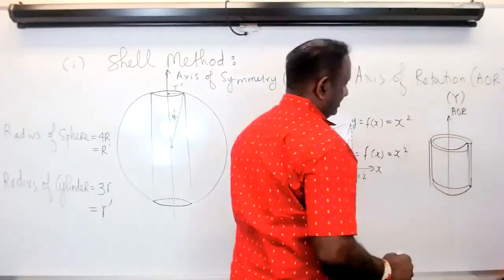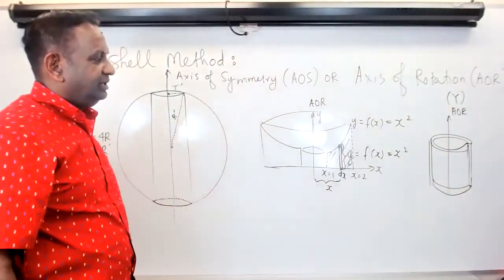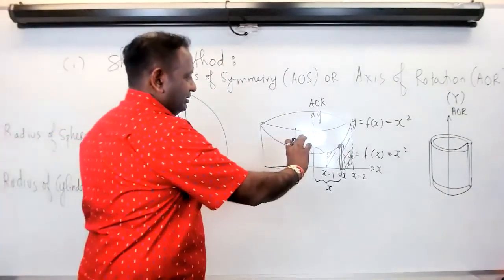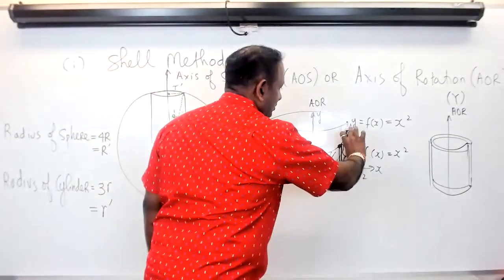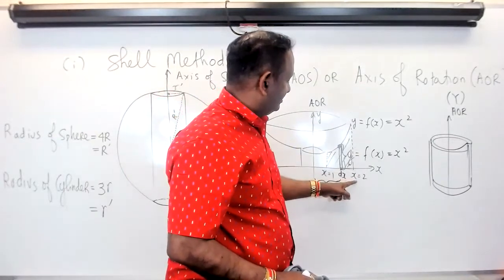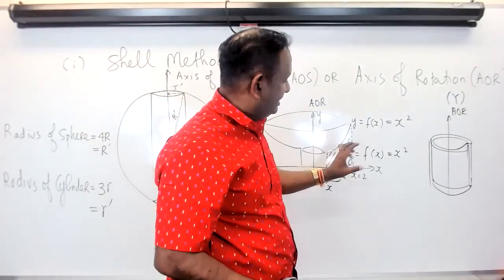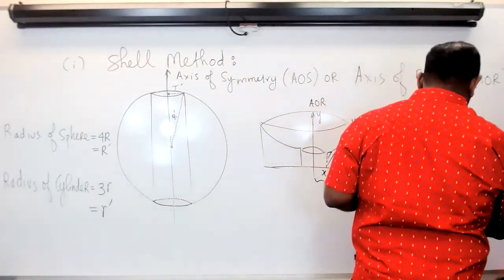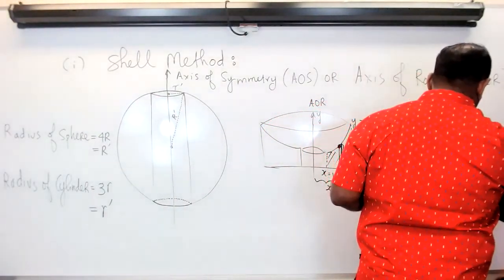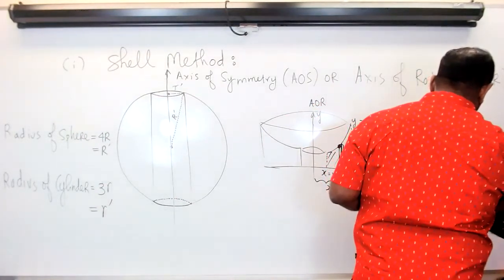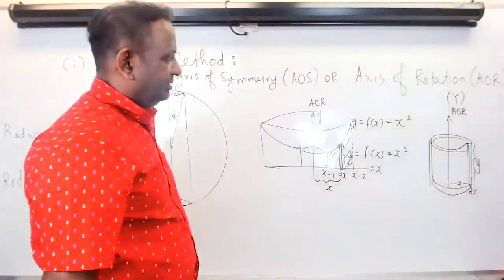If you rotate that part, rather than rotating the whole area under this curve from x1 to x2, I'm going to pick a small piece and rotate about this one. So this one would be y, this one will be dx, this length would be x.